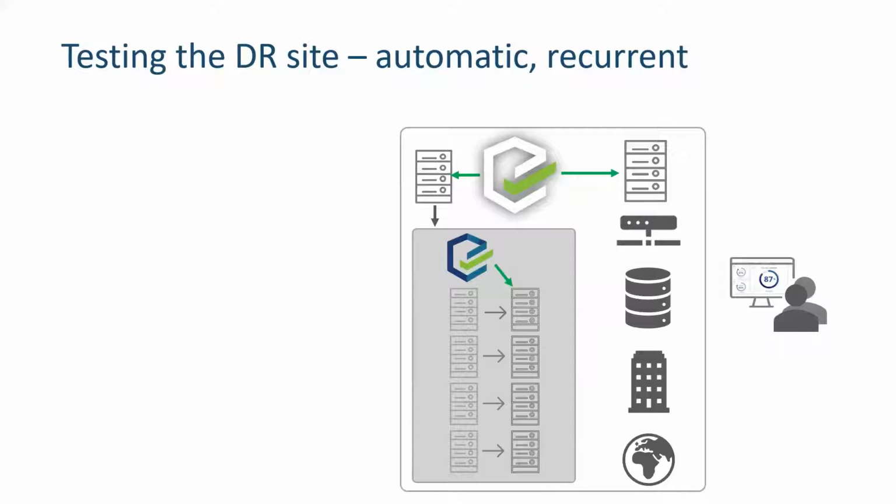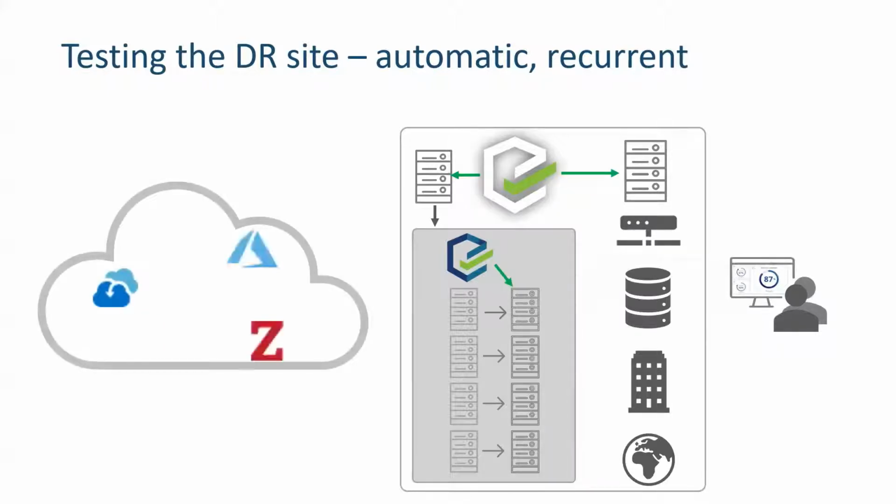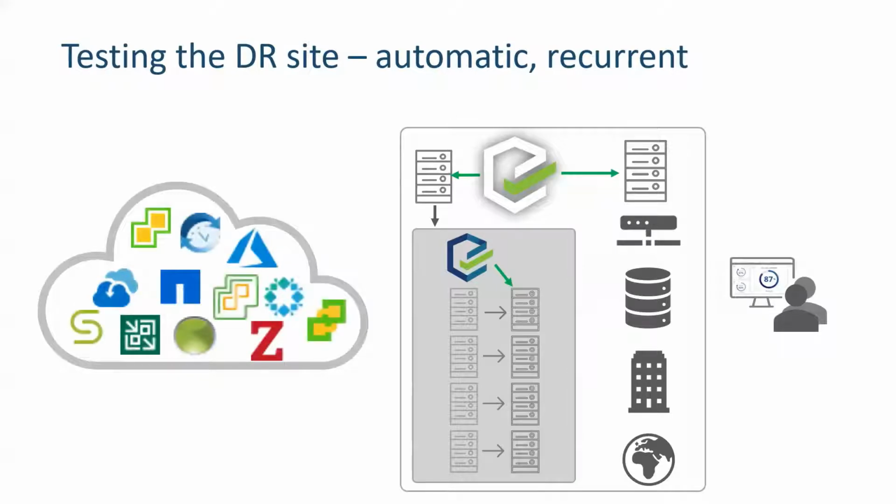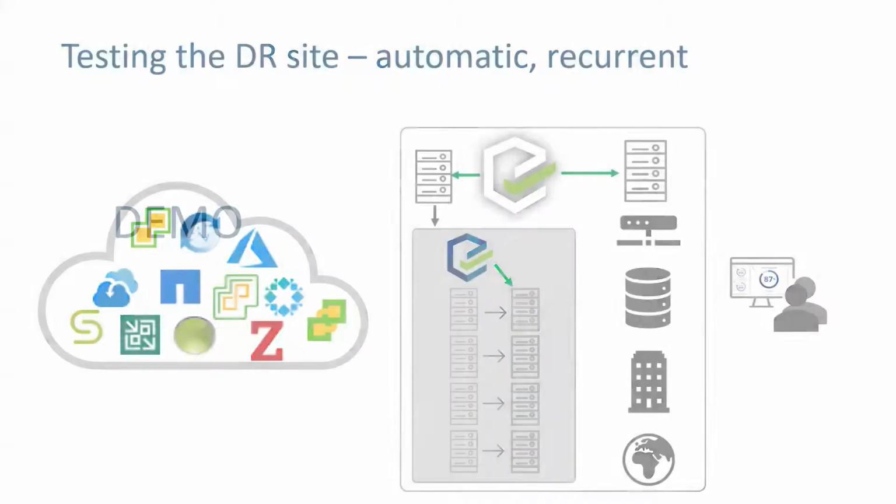EnsureDR supports multiple data movers in the cloud and on-prem to give you a full solution. It doesn't matter if you've got a VMware environment, Azure environment, NetApp environment, or Zerto replication, we support them all to give you one big solution.